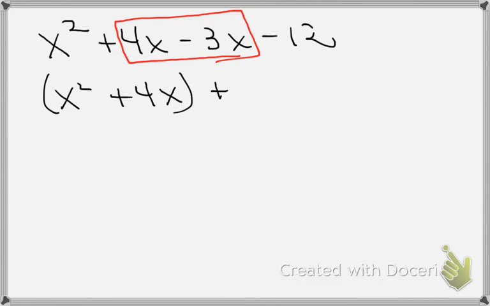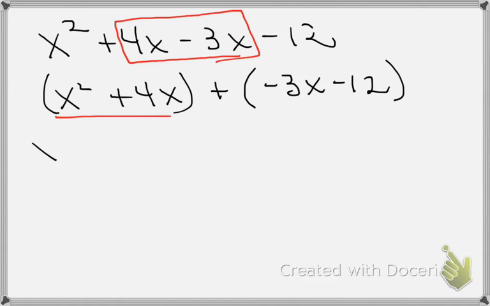And then I have plus, and when I have minus signs, I have to be careful with them. Inside the parentheses, I have minus 3x minus 12. All right, so in these first 2 terms here, I see that I have a common x that can come out. So I'm going to factor that out. I've got x times x plus 4.